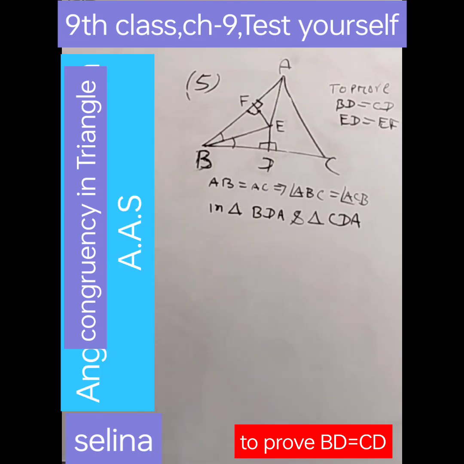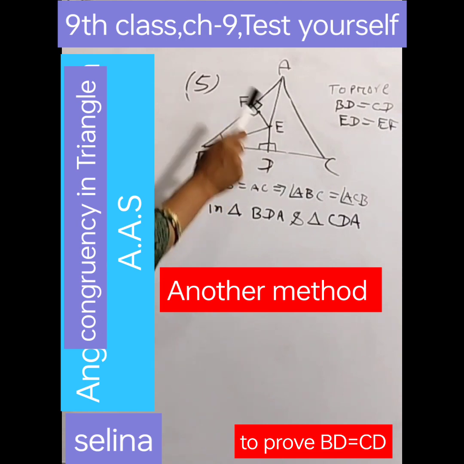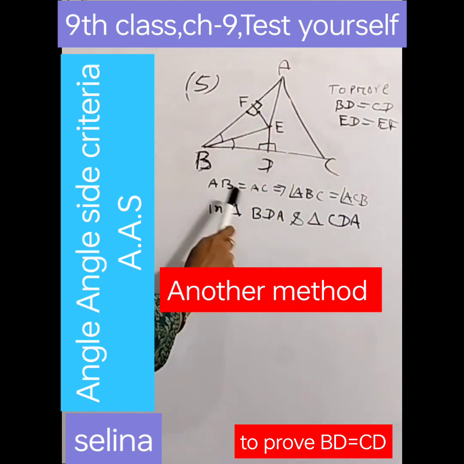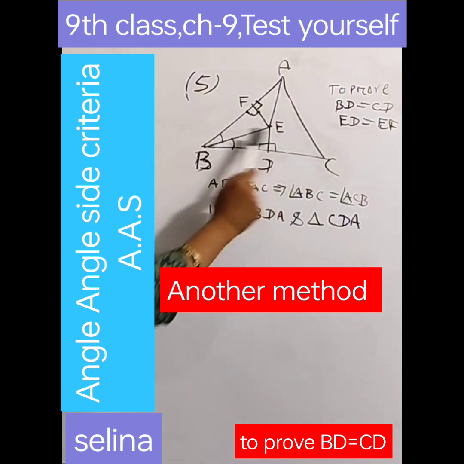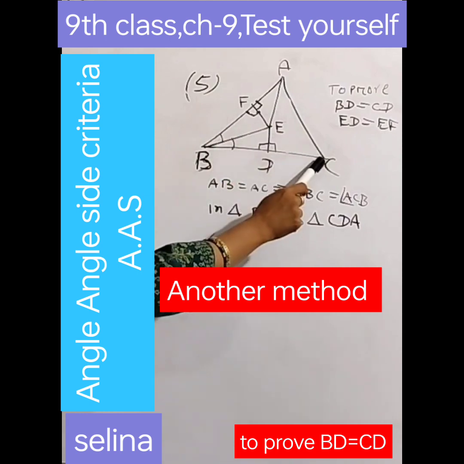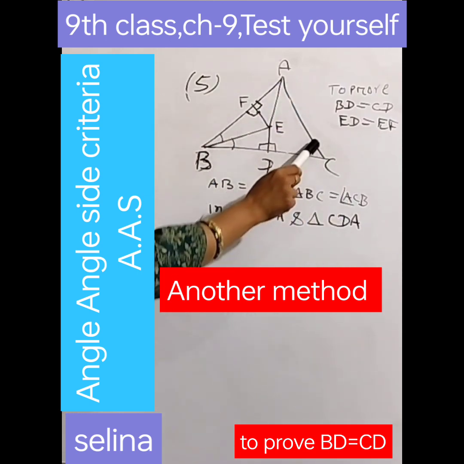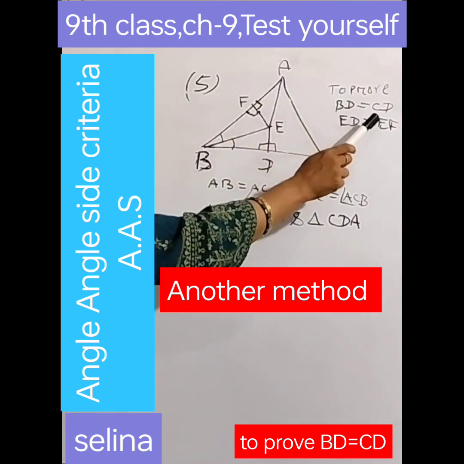In another way, we can prove the congruency by angle side. How? See, AB equal to AC, given. So the opposite angles are also equal. So angle ABC equals angle ACB. Now you have to prove BD equal to CD.